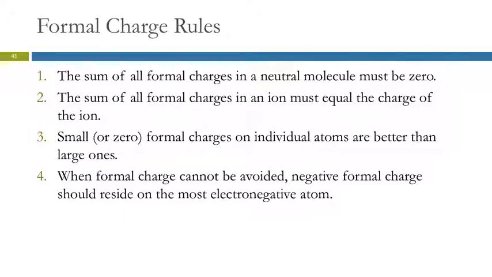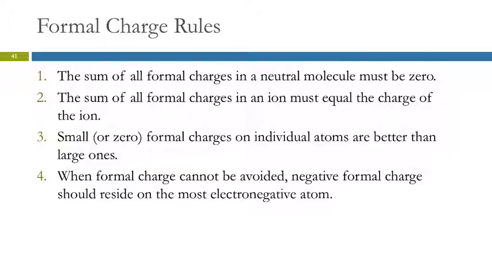So here are the formal charge rules. We've got to have rules, right? The sum of all the formal charges in a neutral molecule must be 0. The sum of all the formal charges in an ion must be equal to the charge on the ion. Small or 0 formal charges are better than large ones. So what we're going to see is that formal charge can help us choose between different Lewis structures.